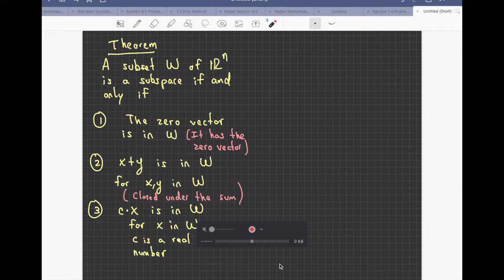Third, c times x, closed under scalar multiplication. So if we have a subset W of Rn and we verify these three properties, then W is a subspace. If only one of these fails, W is not a subspace.